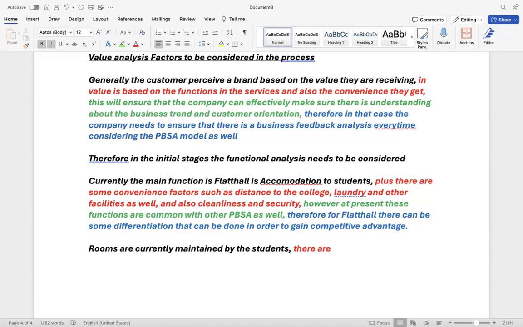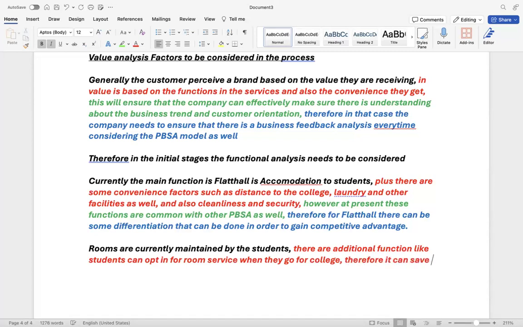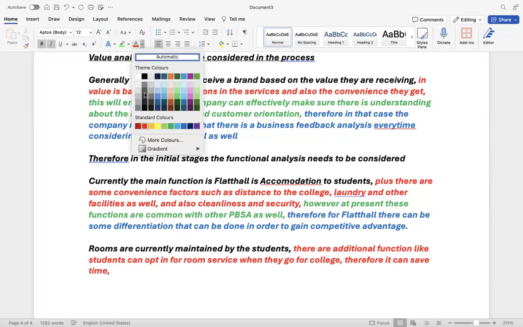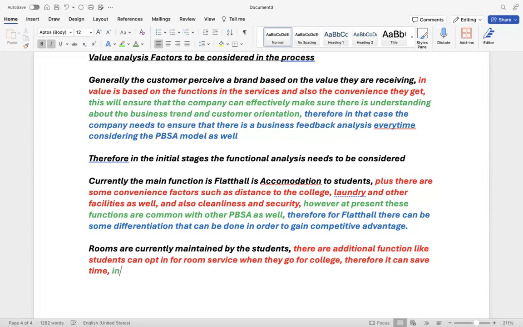There are additional functions like students can opt in for room service when they go for college. Therefore, it can save time. Correct, no, students? It can save time. So I'll continue this.